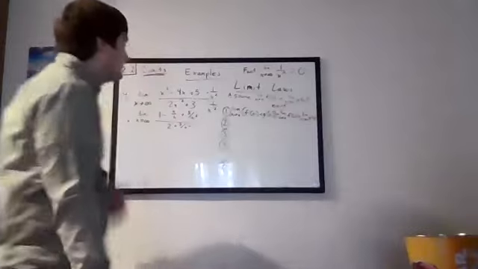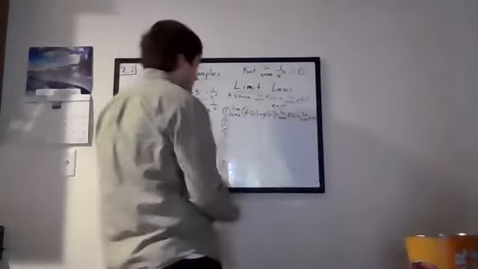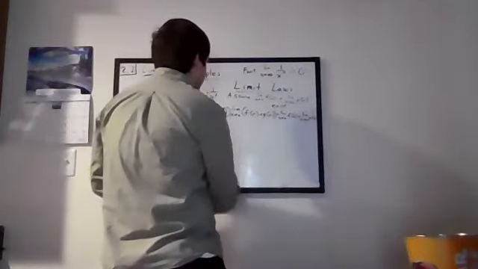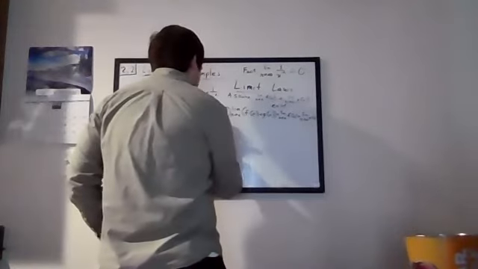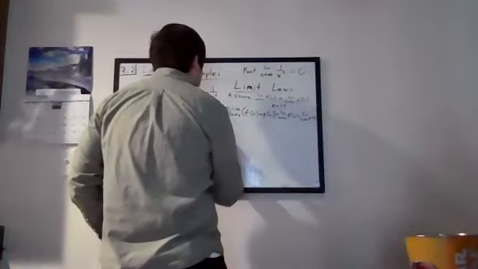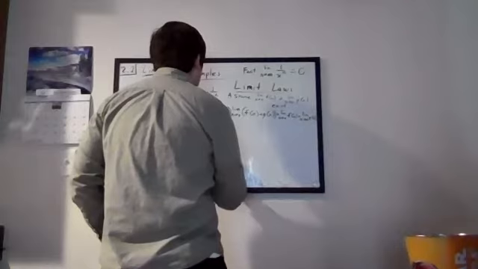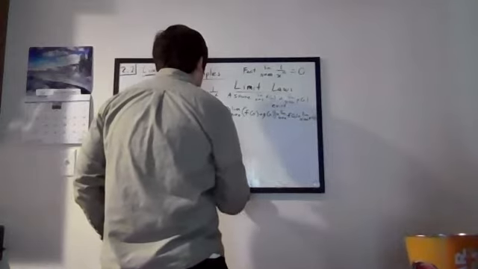And the next one's going to follow suit. It's going to be the same exact thing, and I might actually make a bit more room for these. 2, 3, 4, 5.